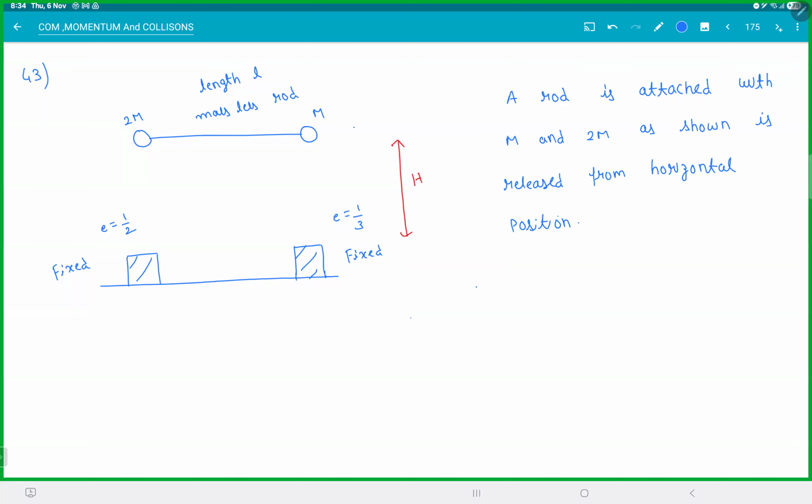So first thing, find the angular velocity. Then the tension in the rod just after collision. Find h max of the central mass after collision.